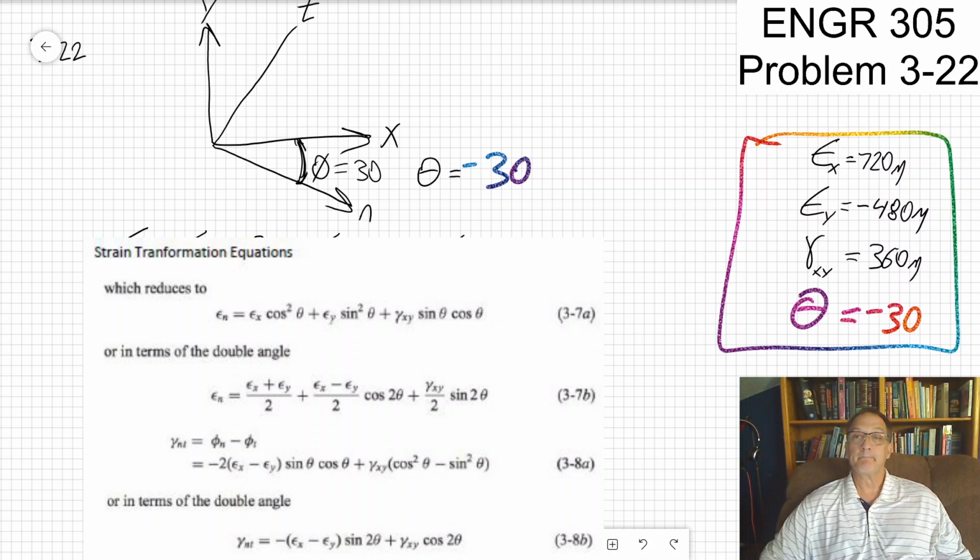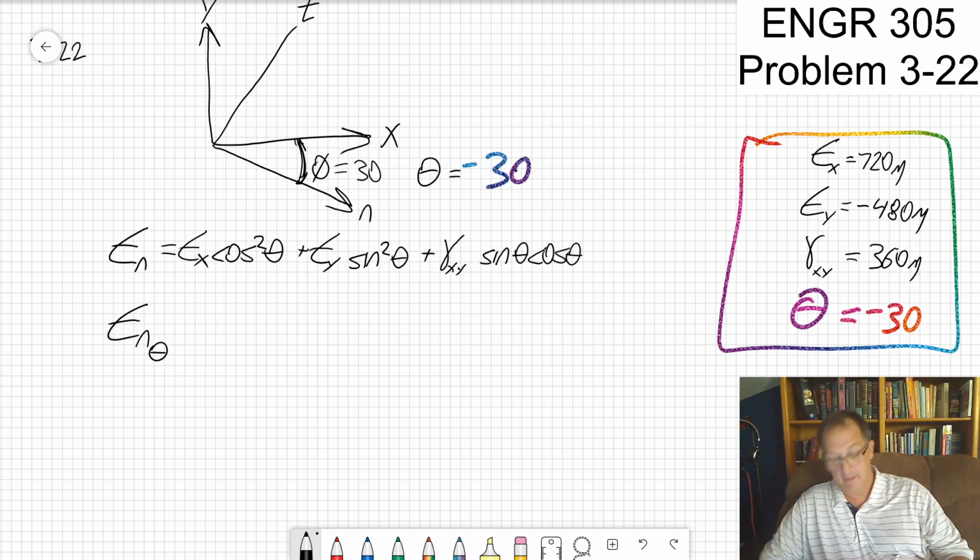That's evaluated when theta is equal to minus 30. I'll write that over: theta is equal to minus 30.